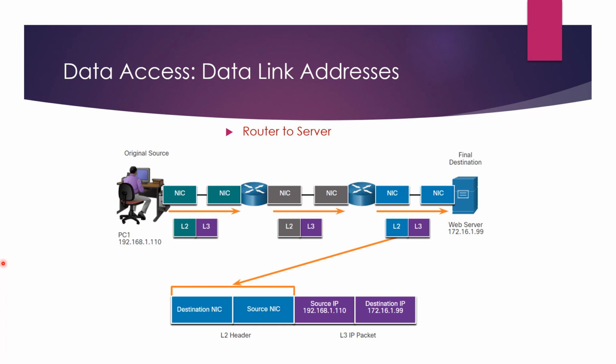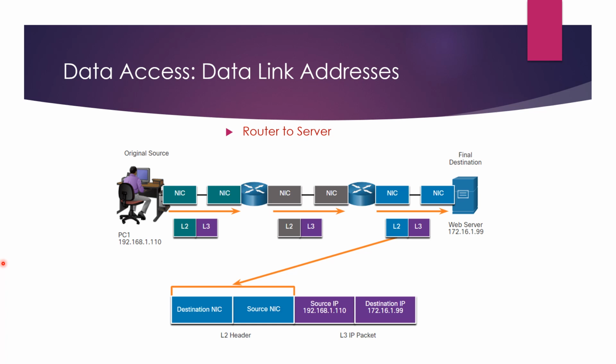The layer 2 data link protocol is only used to deliver the packets from network interface to network interface on the same network. The router removes the layer 2 information as it is received on one network interface card and adds new data link information before forwarding out the exit network interface card on its way toward the final destination.